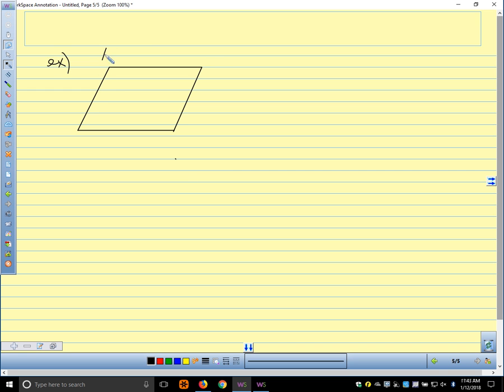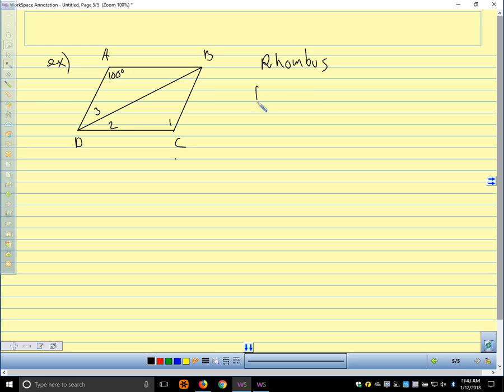So I'm going to say this is a rhombus. I'm going to draw in a diagonal. And we're going to say this is 100 degrees. Call this angle 1, angle 2, and angle 3. And we want to find the numbered angles.